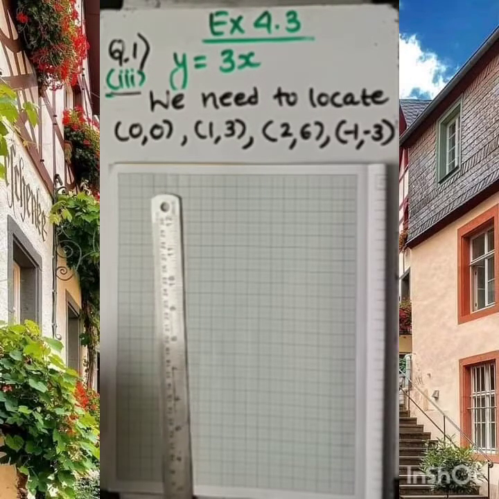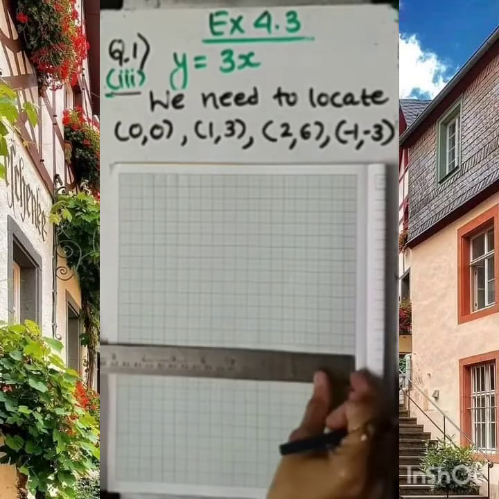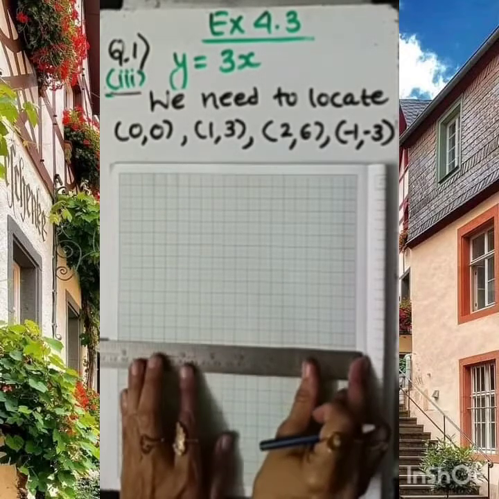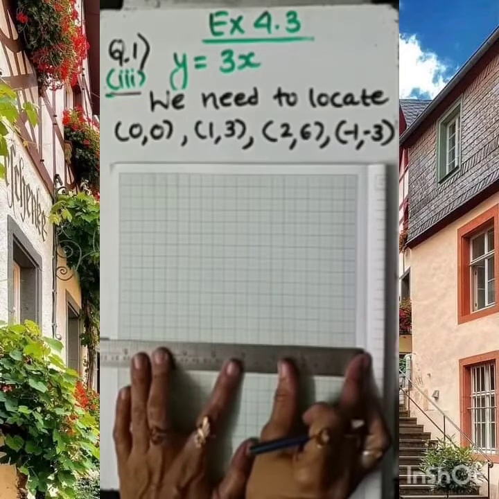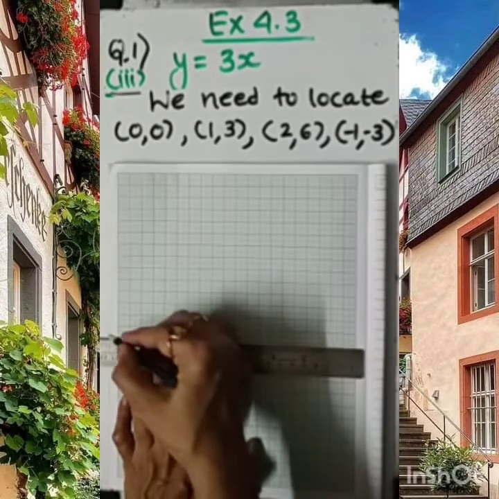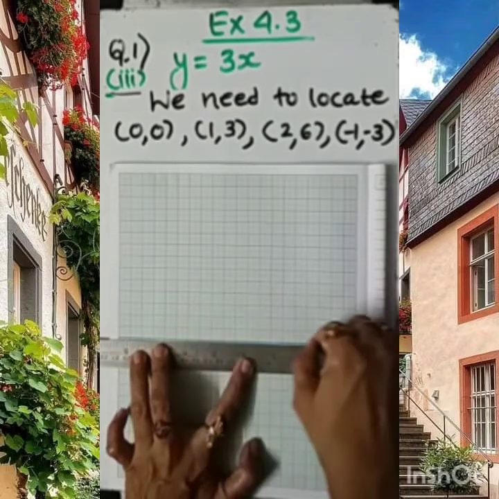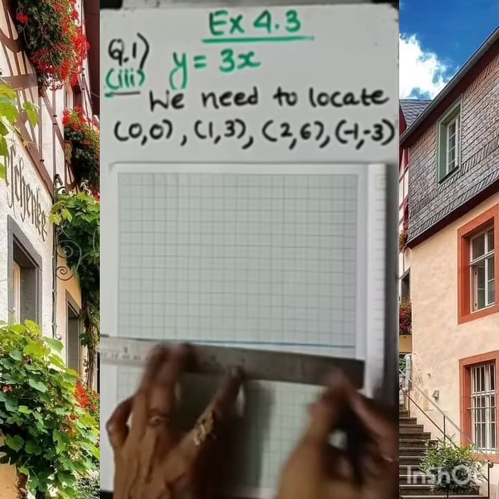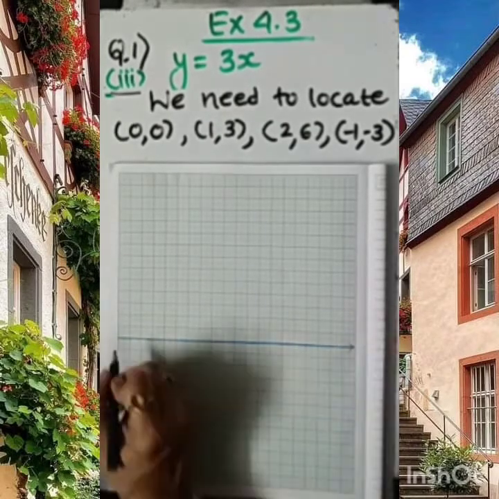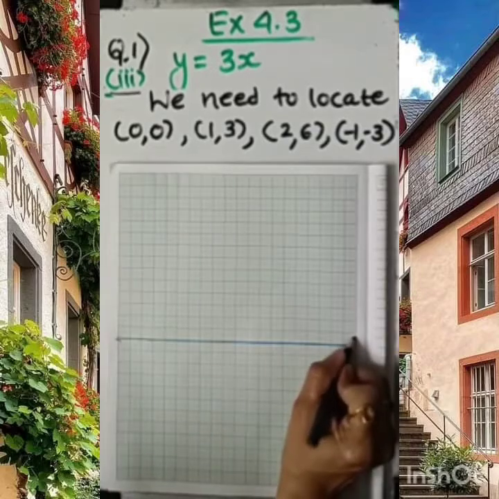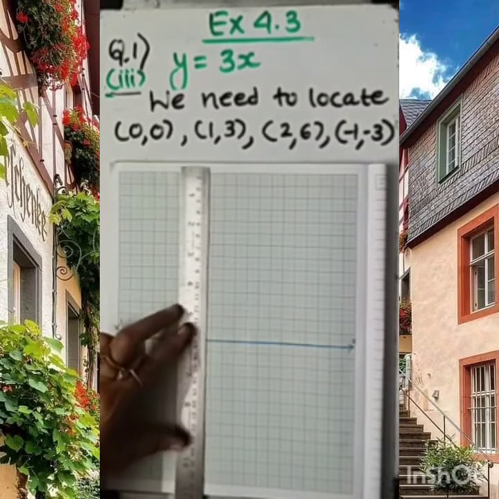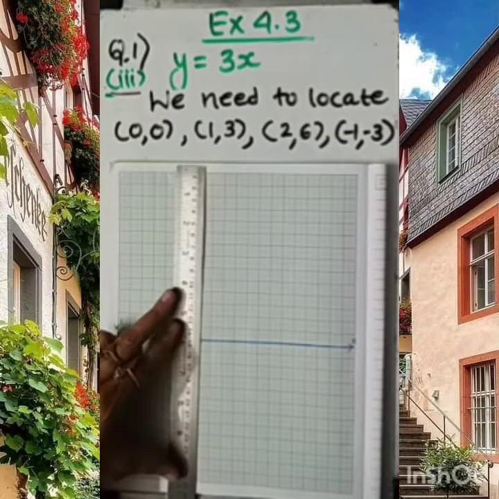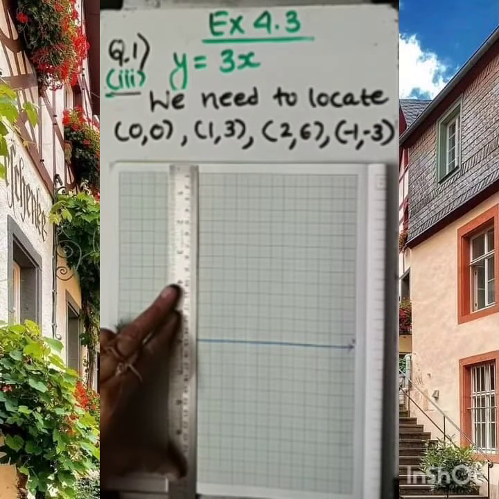So my dear student, here I am starting locating these points on a graph paper. For that, I am choosing first this x-axis, a horizontal line. I'm mentioning here, let me call it x-axis. Here I am mentioning x, and this is x dash. Now, the vertical line, that is the y-axis.